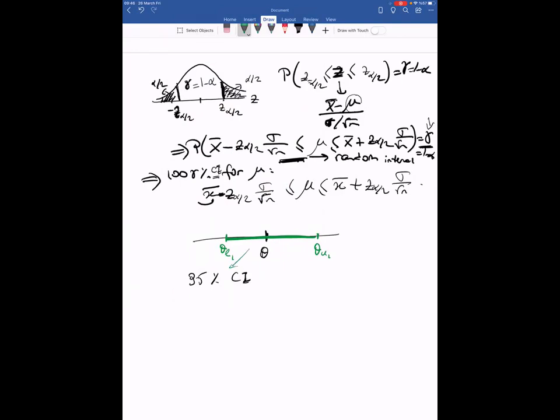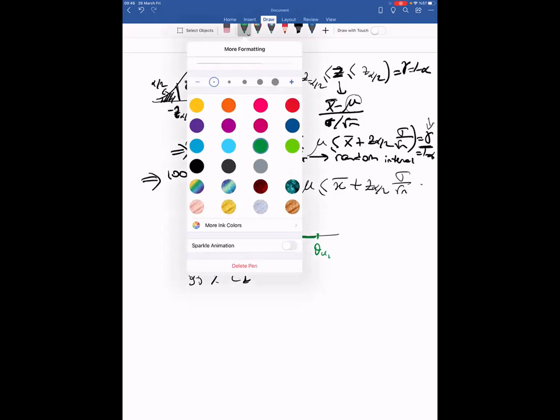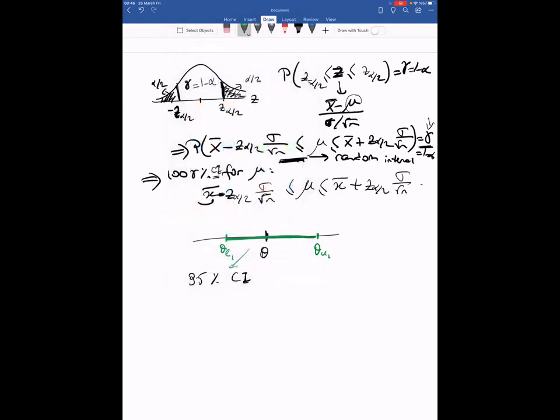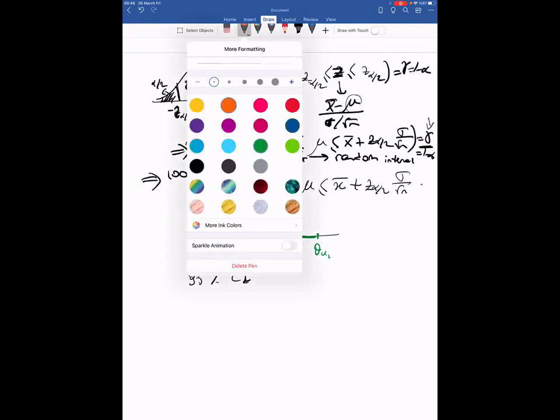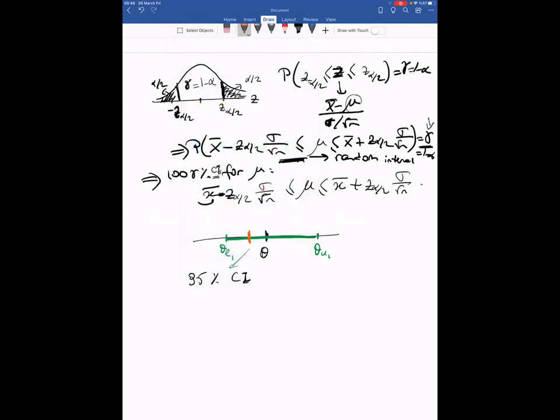Let's say with another method that you will learn, we found, with the same 95% confidence interval, this L2 and U2.